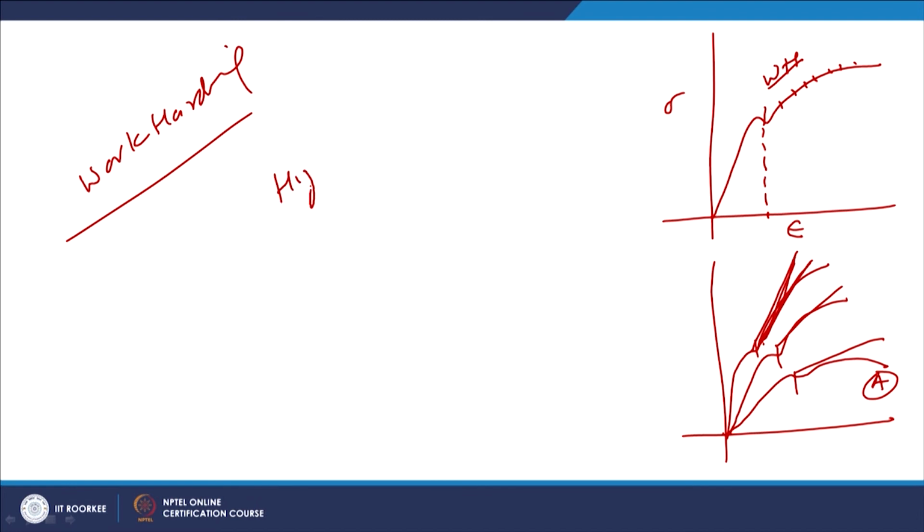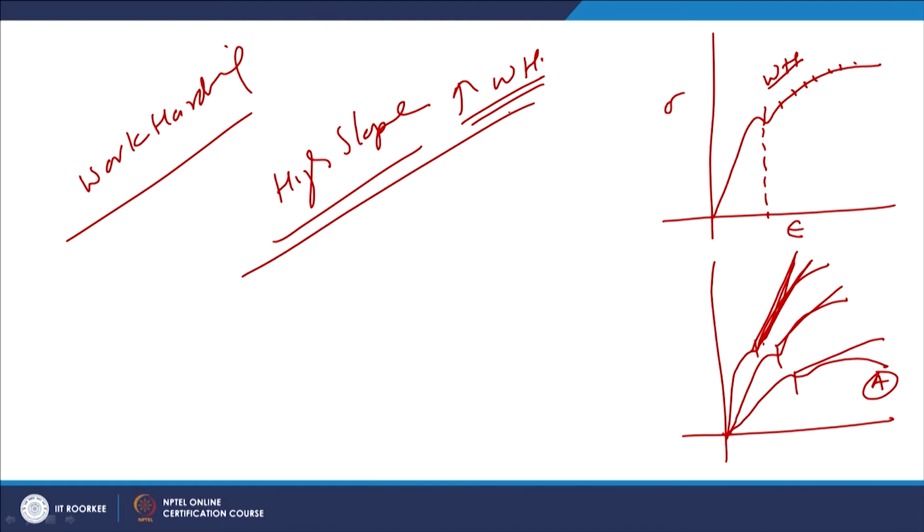The higher the slope of the curve, the greater the work hardening tendency of the material. This work hardening tendency is related to the stacking fault energy of the material.